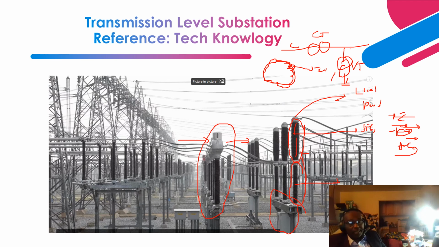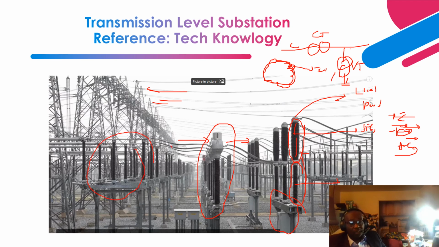Next are structures that support the transmission line coming in and going out, right? Remember, we have a transmission line coming in, going out, and also going to, let's say if you have a sub-transmission, other substations for step down. Okay, so these are all disconnect switches.